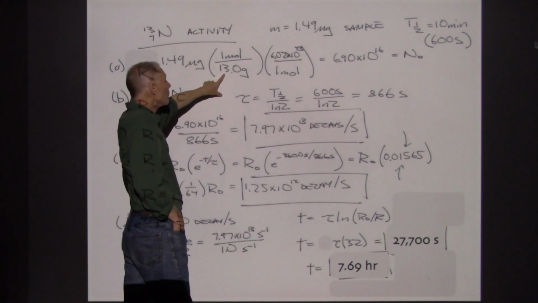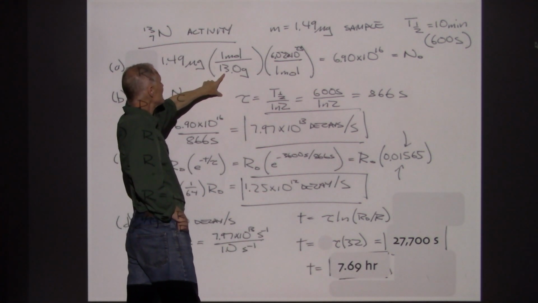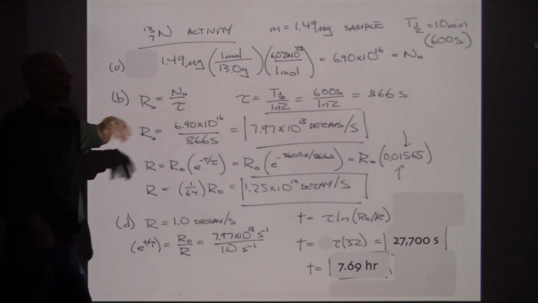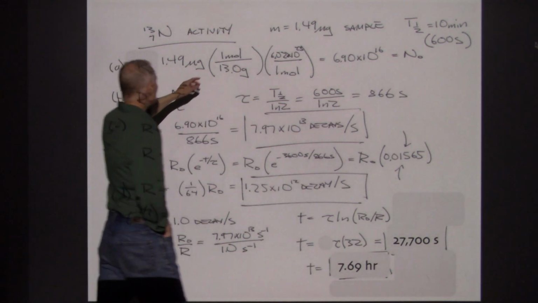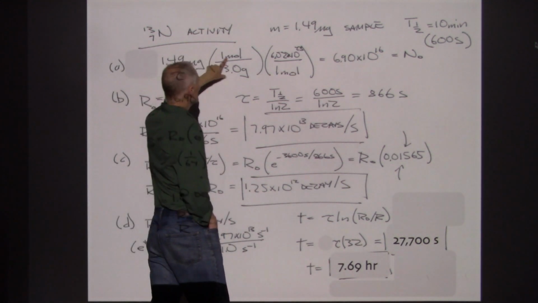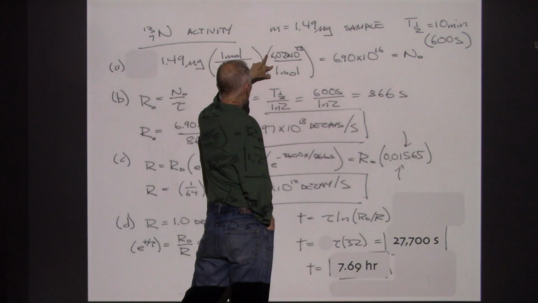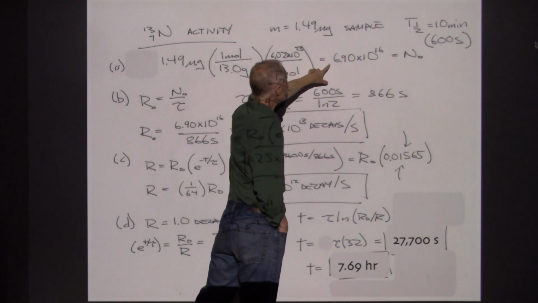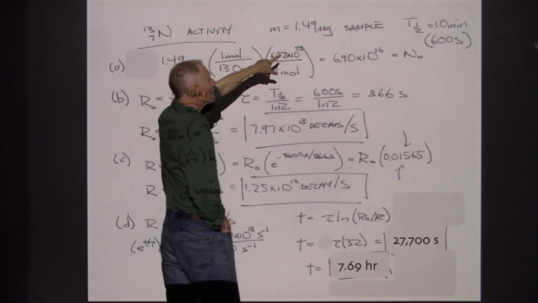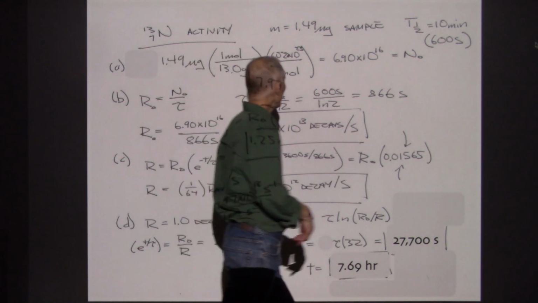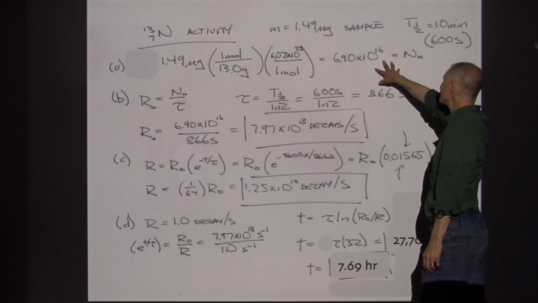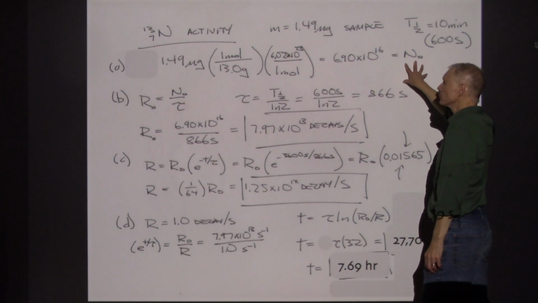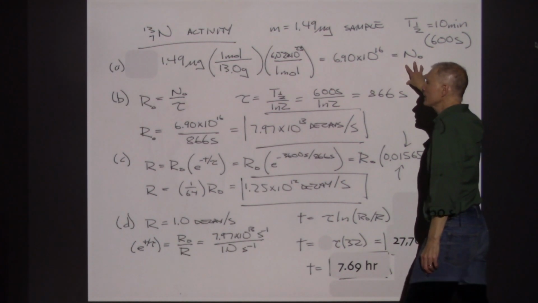I can look it up. It's kind of fun to go look up and see how close it comes to the integer value, but it's always going to turn out that way, except for hydrogen-1, which is the exception. So 13 grams per mole, 6 × 10^23 per mole. That tells me that in this 1.49 microgram sample, I have 6.9 × 10^16 nitrogens. That's the starting number.